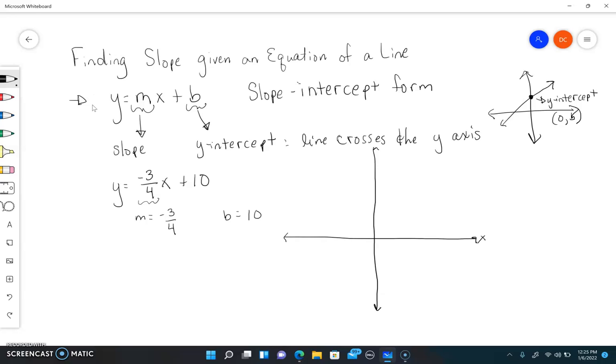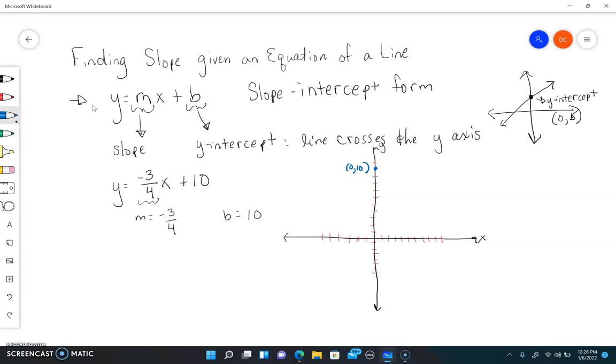Okay, there we go. I'm going to start at the point (0, 10), counting 1, 2, 3, 4, 5, 6, 7, 8, 9, 10, right here. So this is my (0, 10).